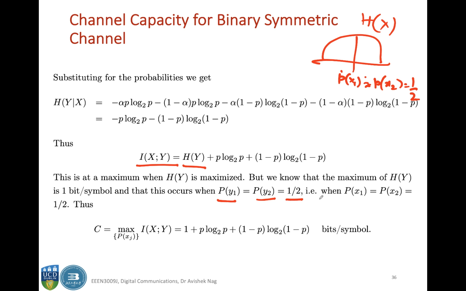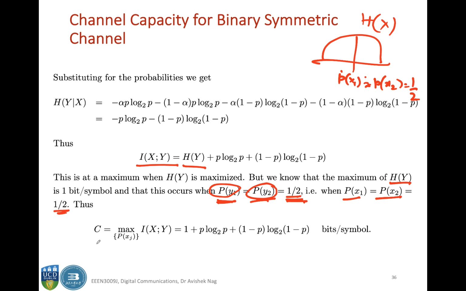So from that perspective we deduce that h of y will be maximum when p of y1 and p of y2 is equal to half. And we just saw that for the binary symmetric channel, if you want to have P of y1 and P of y2 equal to half, then P of x1 and P of x2 will also be equal to half.